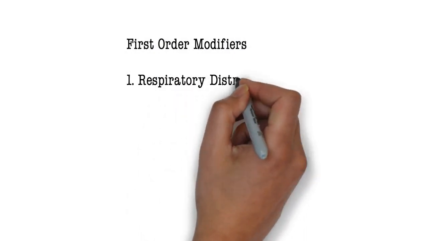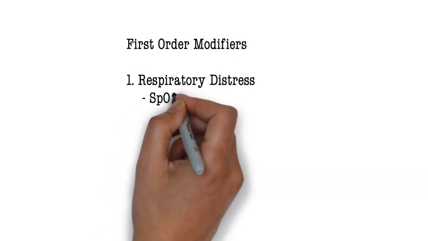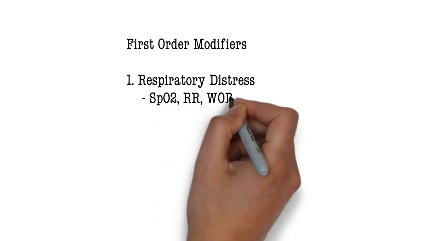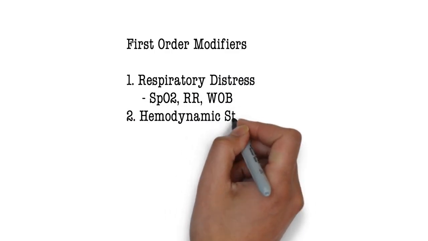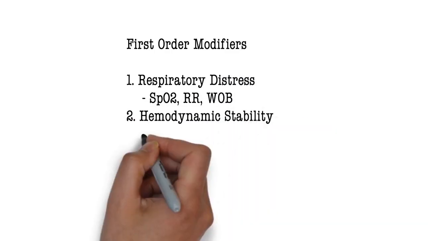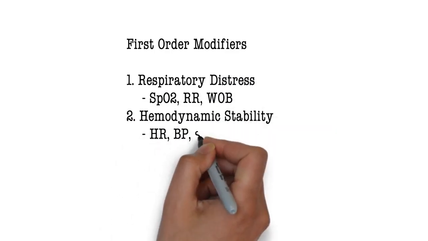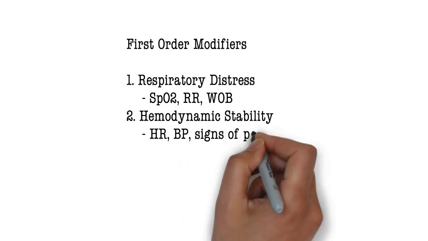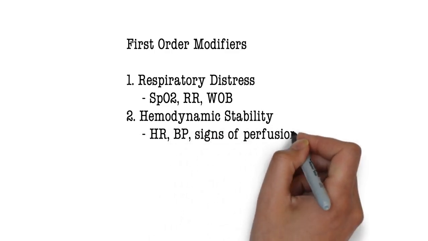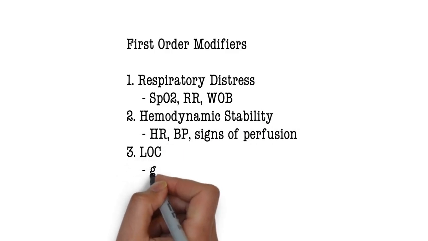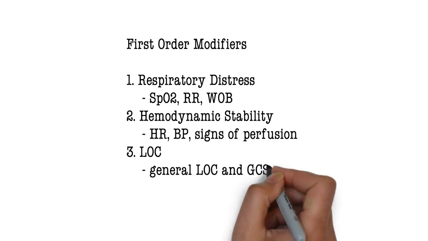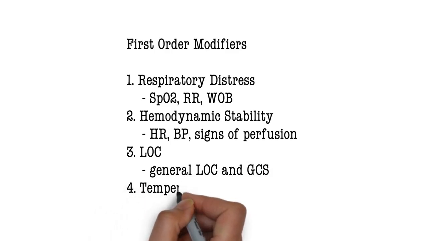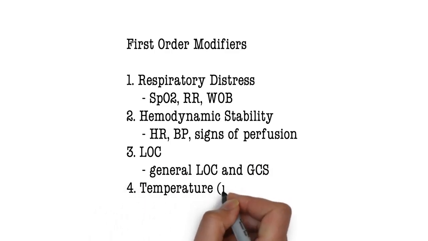The first order modifiers look specifically at the things relating to ABCs, so your airway, breathing, and circulation, the level of consciousness, and the vital signs of the patient. The second order modifiers, though, look at a specific condition or a symptom.